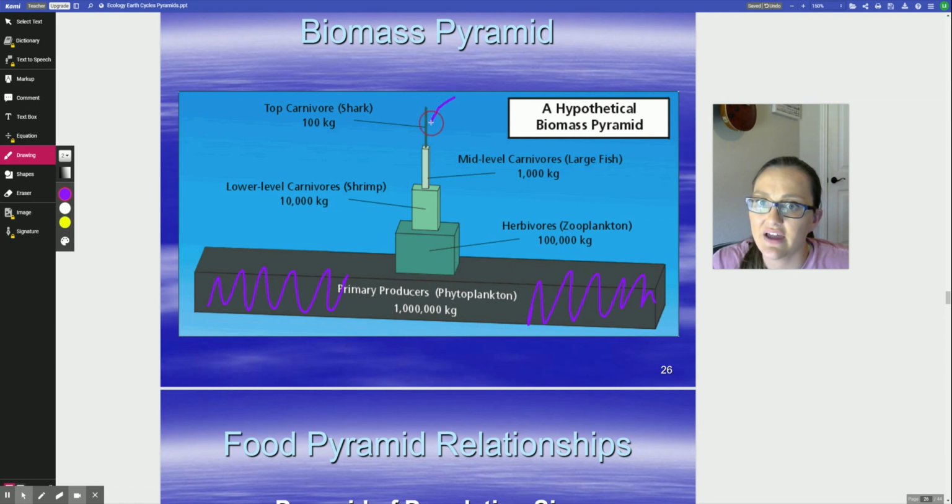So that lets you know that for this number of sharks, this is the number of phytoplankton that has to be there to sustain that small of an amount of sharks. And that lets you know how easily an entire food chain could collapse. Because if you're not taking care of your lower level things, your big predators aren't going to be able to survive at all.